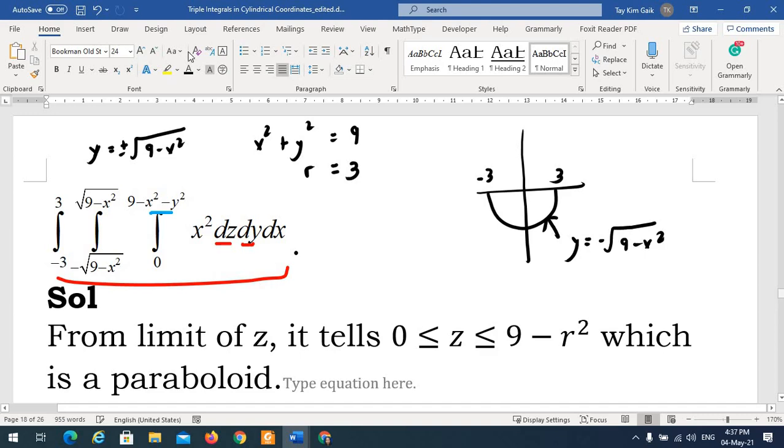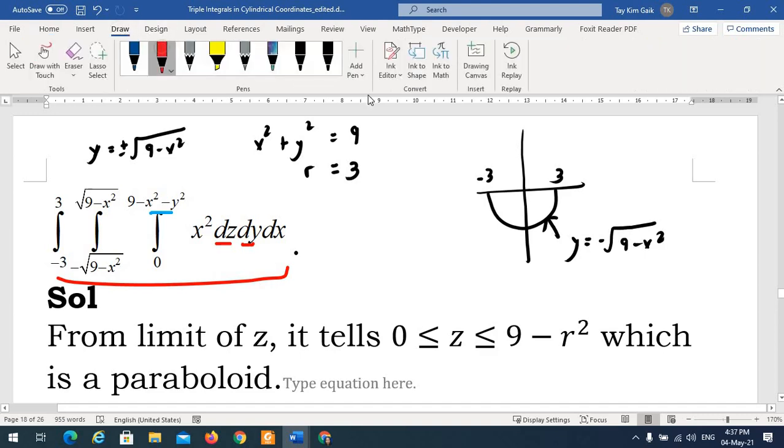The positive square root of 9 minus x squared is the upper one. I think the graph in the first chapter of the PowerPoint we already gave you. If y equals positive square root of 9 minus x squared, it is the upper circle. This is the bottom circle.